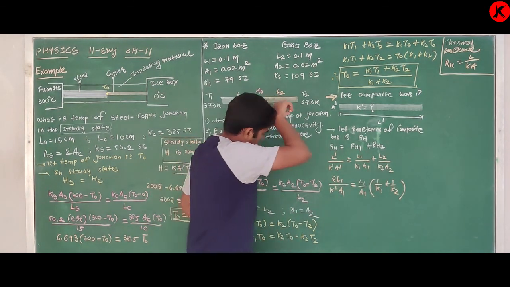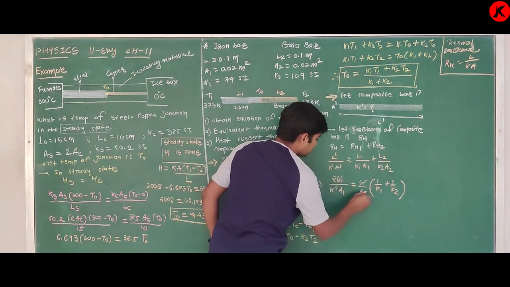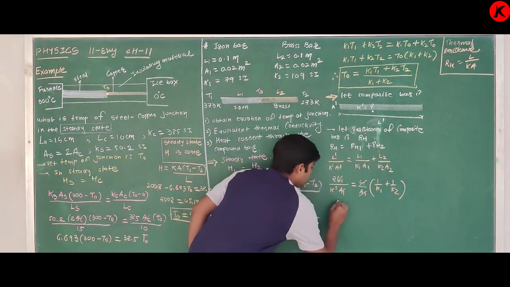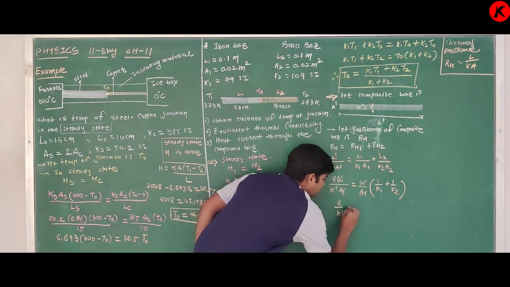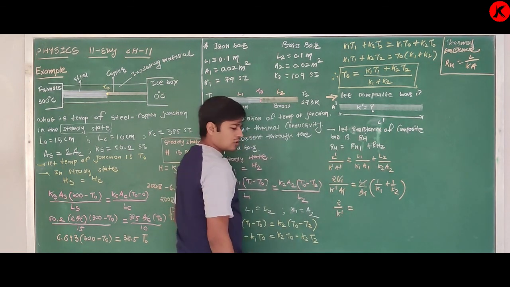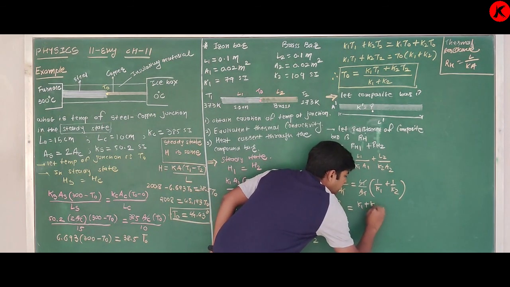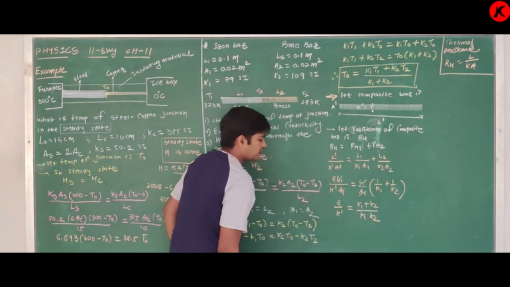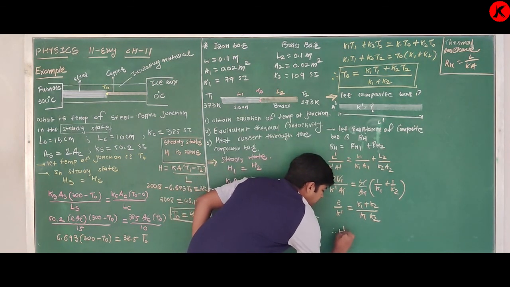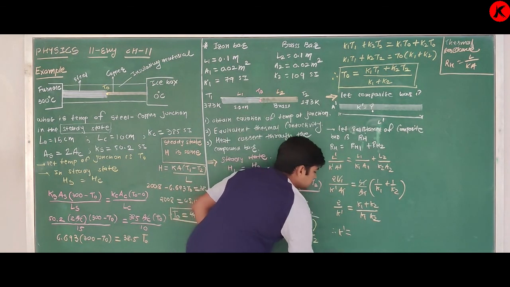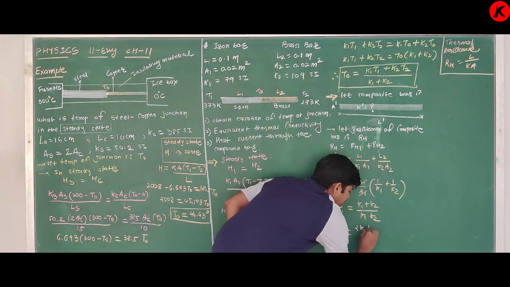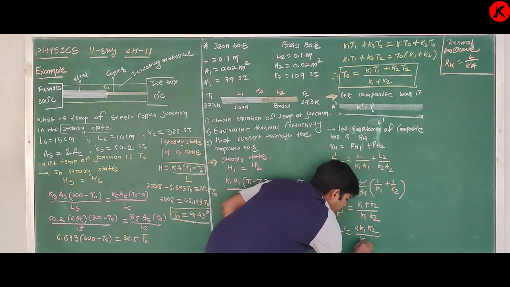Okay, you have to understand. So now L1 cut, L1 cut, A1 cut, A1 cut. So it is 2 upon K dash is equal to, how to simplify this? It is K1 plus K2 upon K1 K2. If you make K dash the subject, then K dash is equal to 2 K1 K2 upon K1 plus K2.